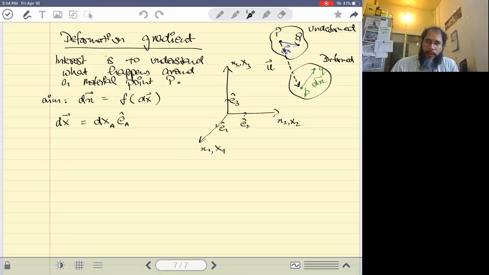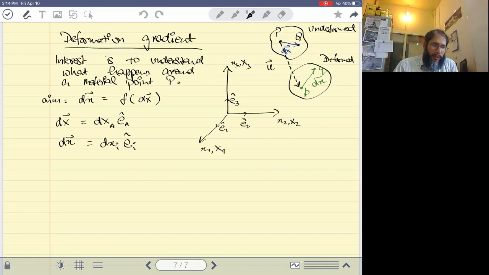So capital A definitely goes from 1 to 3 in this case. And I'll write my d small x vector in the initial notation as dx_i e_i.